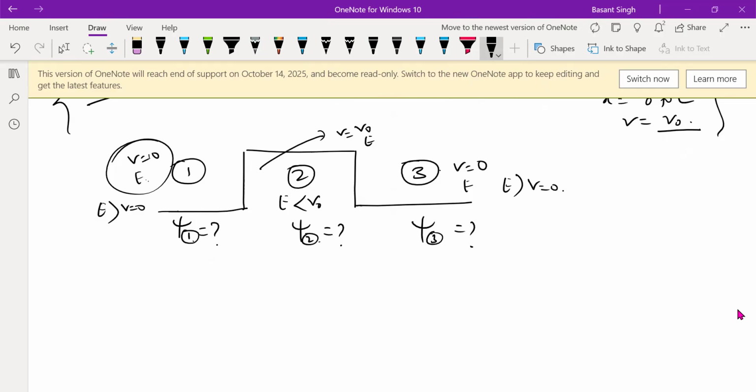The wave function comes from the Schrodinger wave equation. We know that the wave function is the solution of the Schrodinger wave equation.